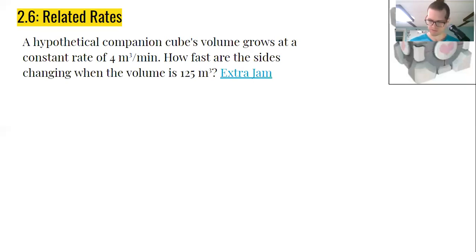So switching back to the pen, I can say 125 equals s cubed, which means by cube rooting, s equals 5. So we can take that information and plug it in right there. And ds/dt is the thing that we don't know when we're trying to solve for that.